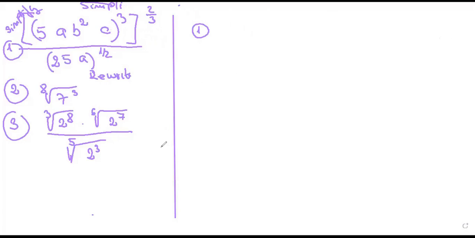So let me review the rule of powers. X to the power of A to the power of B is X to the power of AB. X to the power of A times Y to the power of B, to the power of C, is X to the power of AC times Y to the power of BC. So the power is distributed.